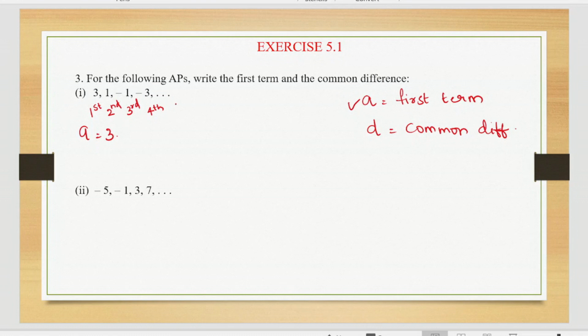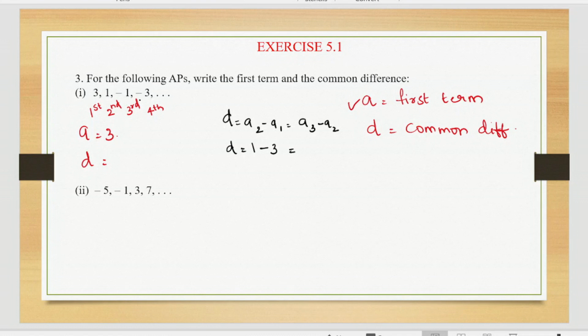If this is an AP, the common difference will be the same, right? So we need to find the common difference. How do we find it? D is equal to A2 minus A1, which is equal to A3 minus A2, which is equal to A4 minus A3. A2 is 1, the second term, minus A1, which is 3, the first term.